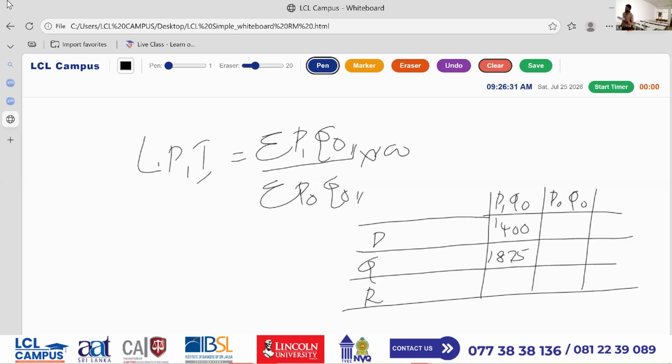Then 250 into 20 is 5000. Add this column and tell the total.